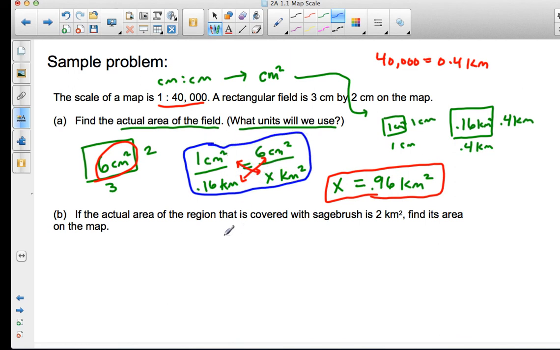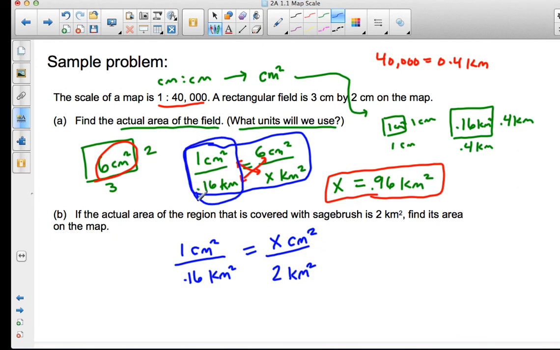So now I know that 1 square centimeter, we're going to blue now, is equal to 0.16 square kilometers on the map, which means in real life, my sagebrush is 2 square kilometers, because I'm making sure my units match, is representative of how many square centimeters. So really getting your ratio set up, getting your unit rate is the trickiest part. After that, you're just plugging in numbers.